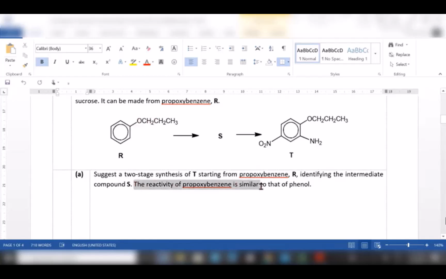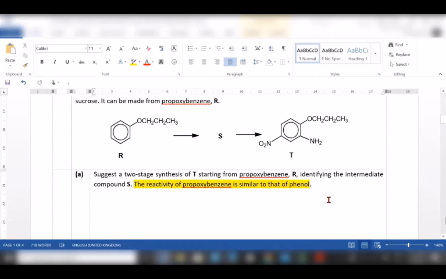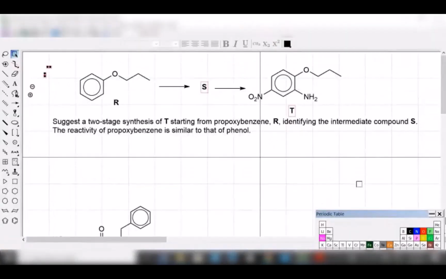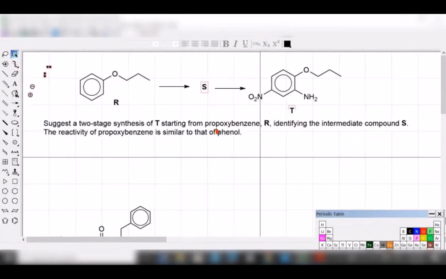That is why they actually gave you this particular clue that the reactivity of propoxybenzene is similar to that of phenol. You need this clue to help you look at the directing effects. I will just go straight into ChemDraw so that we can get the structures out. I copied the questions over here.